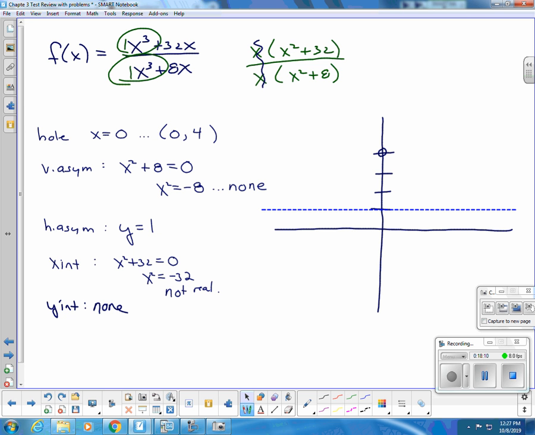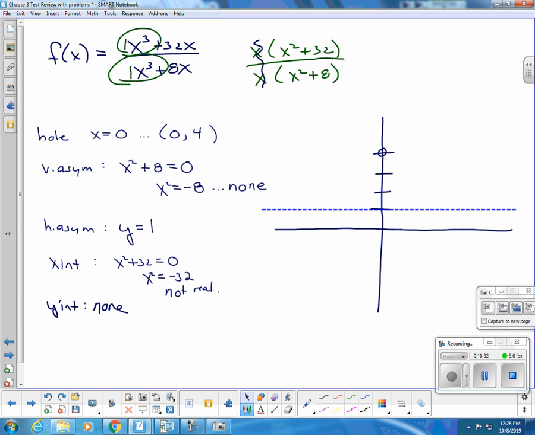So let's think about it. The graph has got to come in from the left side here along this asymptote. Is it going to be above or below the asymptote? It's got to be above because it's got to go in. The hole is the place where it jumps over. So it's got to go through that.